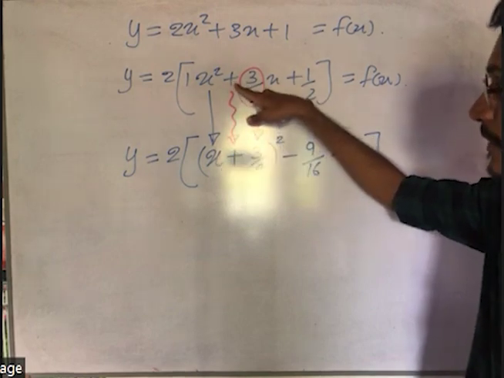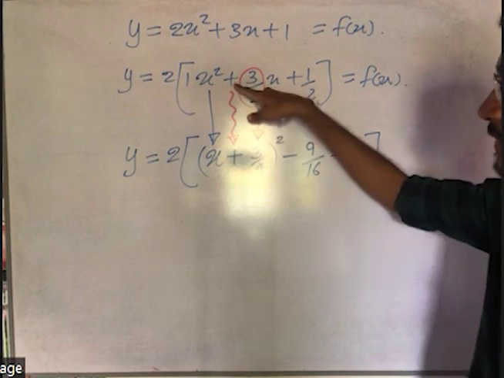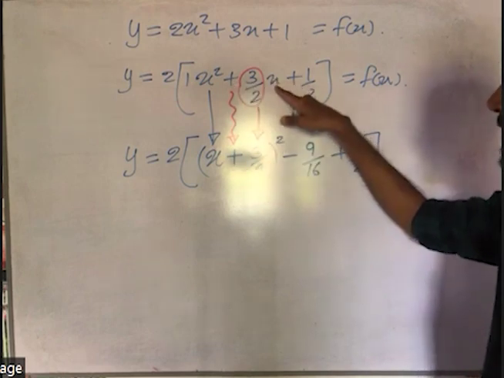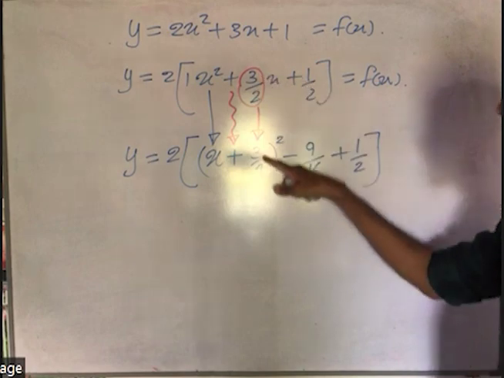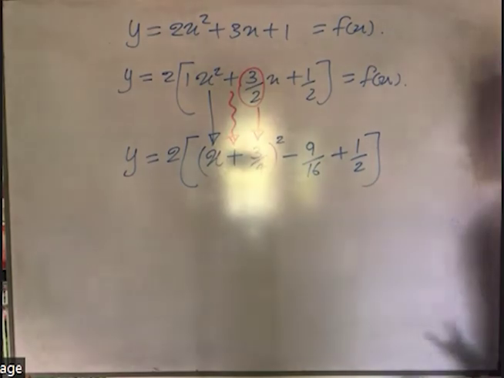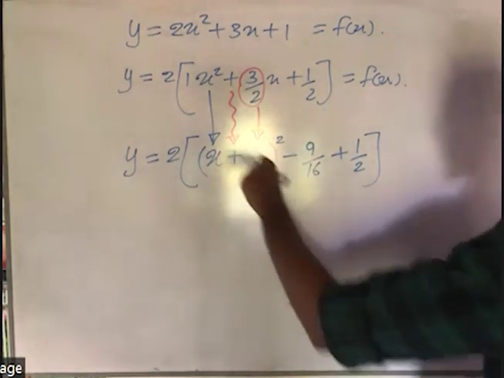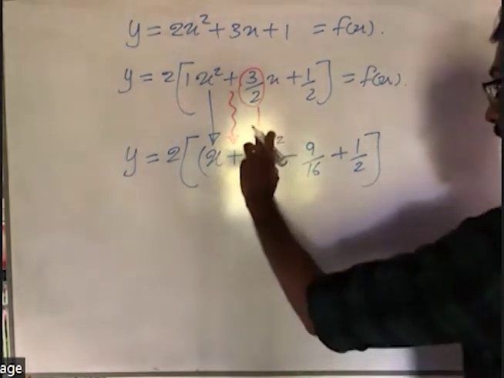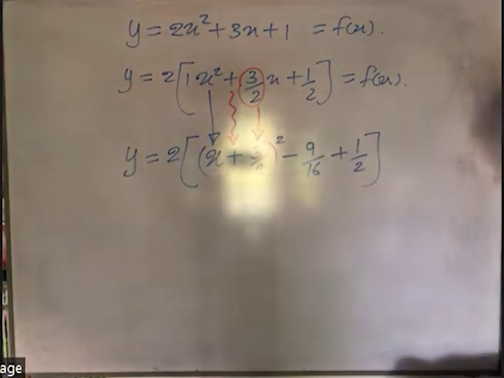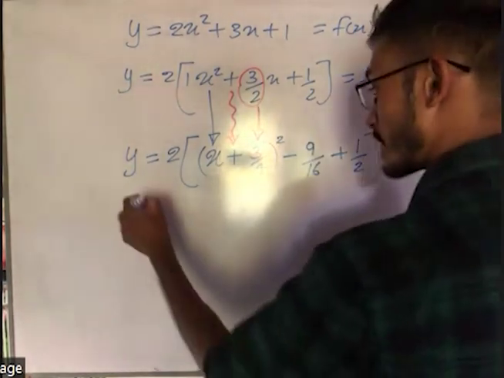If there is a plus sign, take the plus sign. If there is a negative sign, take the negative sign here. Then divide the coefficient of x term by 2. Then take it here. Now take the square of the whole thing minus square of this constant, 9 over 16, plus the remaining part. Right? Then we can simplify this.